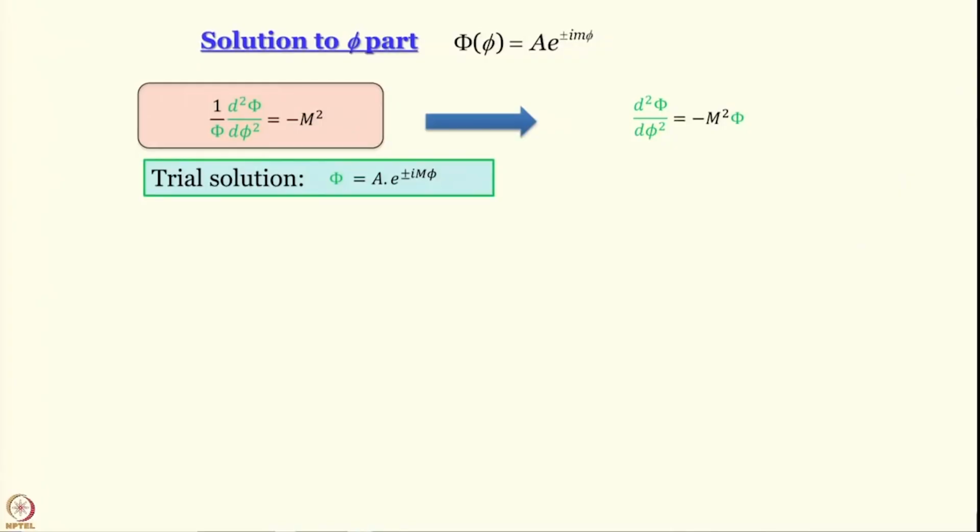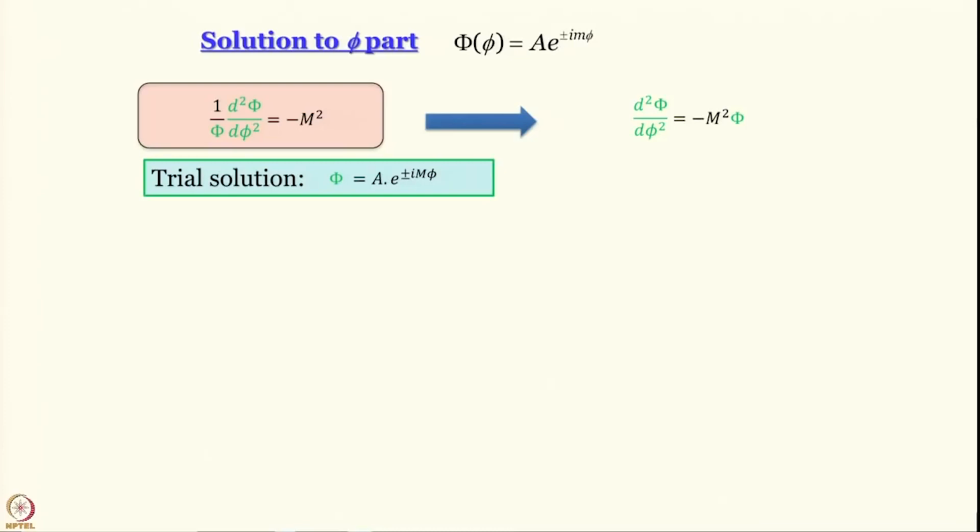Please satisfy yourself that if you differentiate it twice, you do get something like minus m square capital phi. You get it? Differentiate once, you get d phi is equal to plus minus I m A e to the power plus minus I m phi.